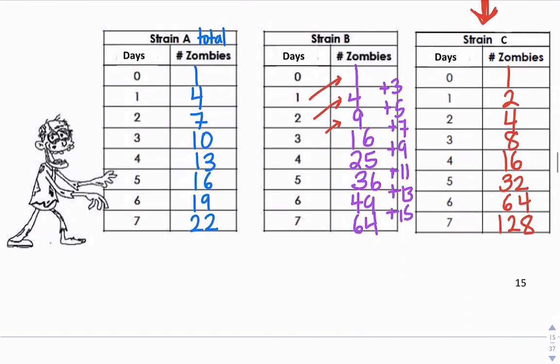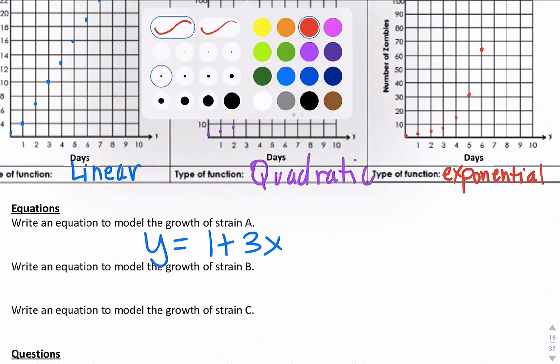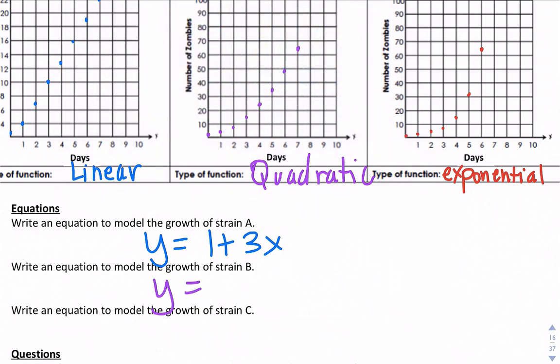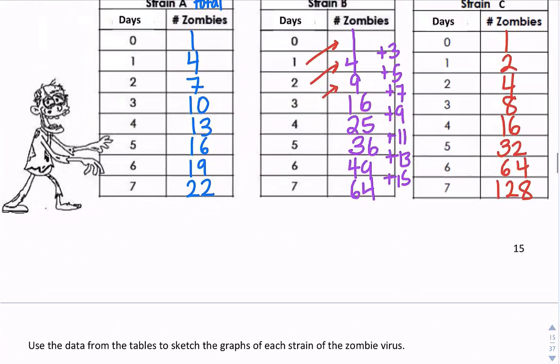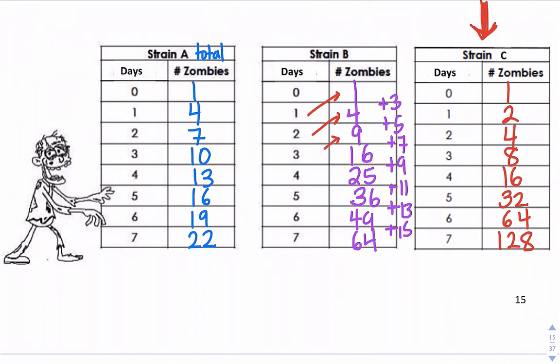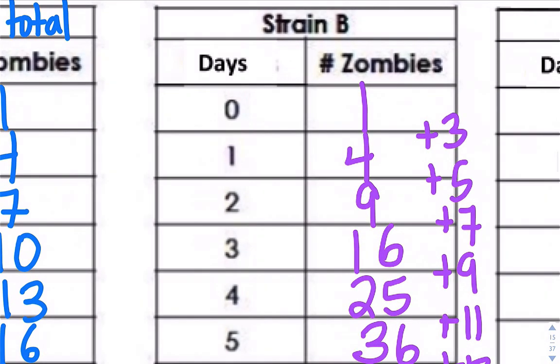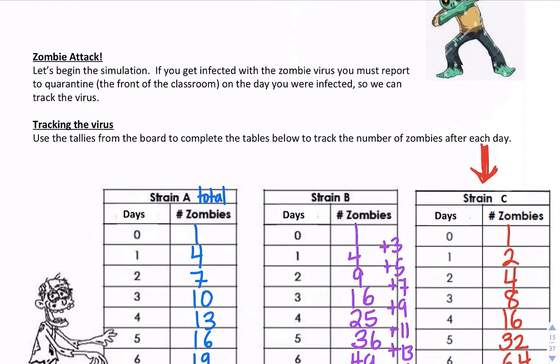So what we need to do to account for that is we'll say y equals the day plus 1, and then square it. So again, if we take the day plus 1 and square it, we will get the number of zombies. So for example, 1 plus 1 squared is 4, 2 plus 1 squared is 9, 3 plus 1 squared is 16, and so on.